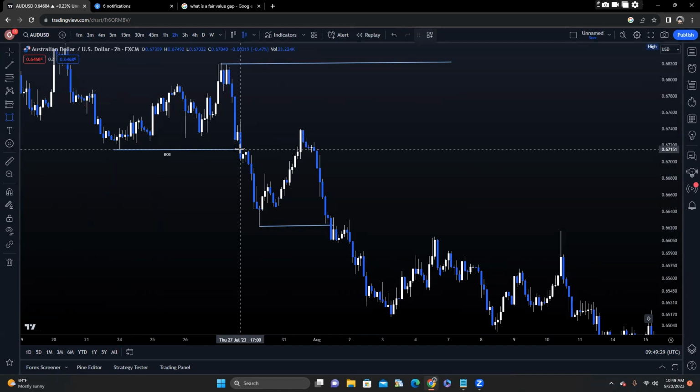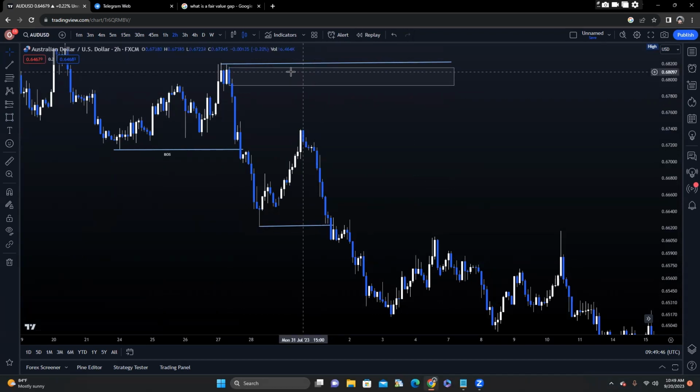A valid order block cannot really sit below this break of structure, right? It has to be the supply zone or the demand zone that caused the break in structure. And that order block is seated here, this candle here. Now, how do we determine that this order block is valid?